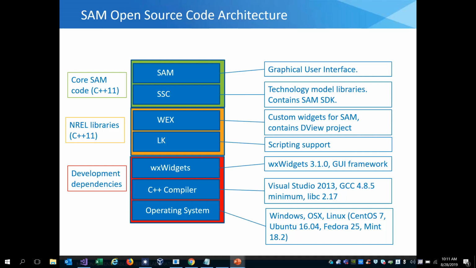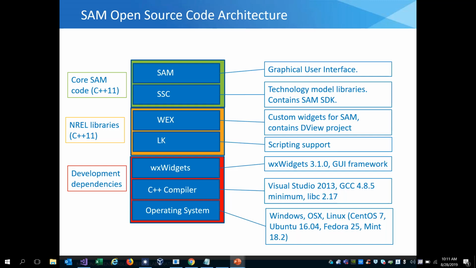Then moving into the more traditional pieces of SAM, which most people would think of when they think of SAM, is SSC, the SAM simulation core. This contains the technology model libraries as well as the financial model libraries. So PV Watts, the wind model, and the CSP models are all in SSC.